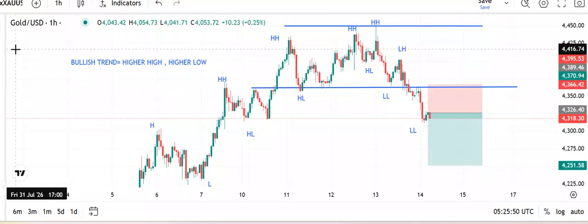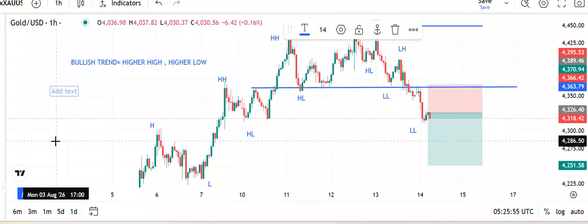So the first thing, look for the initial trend.